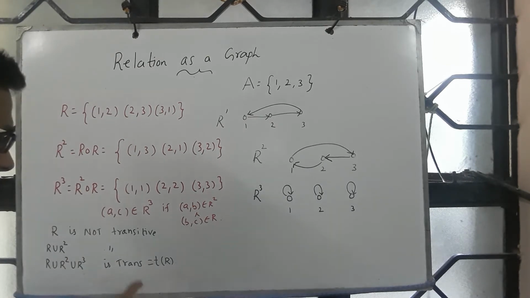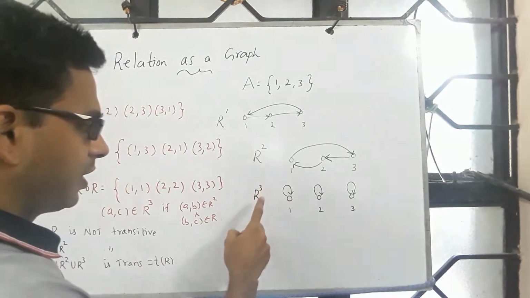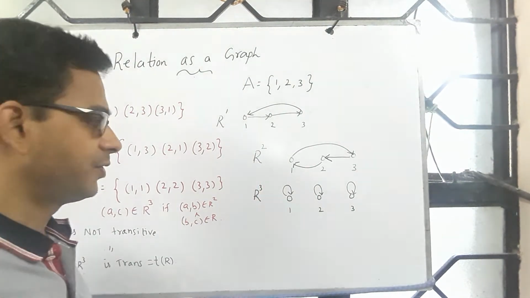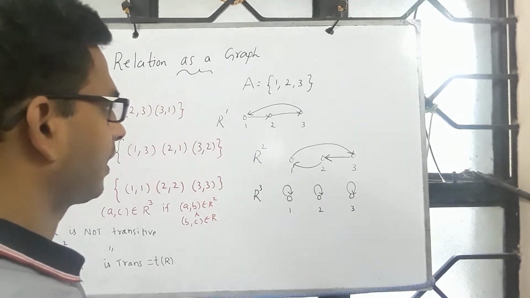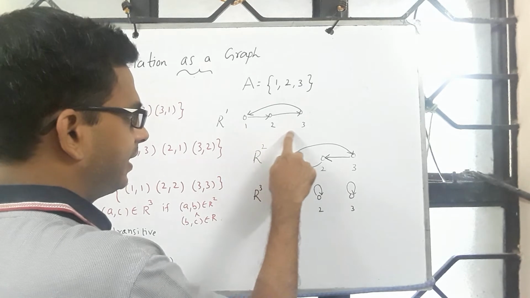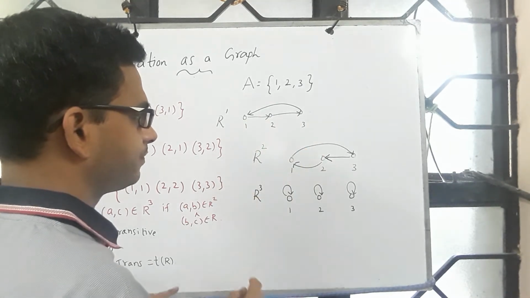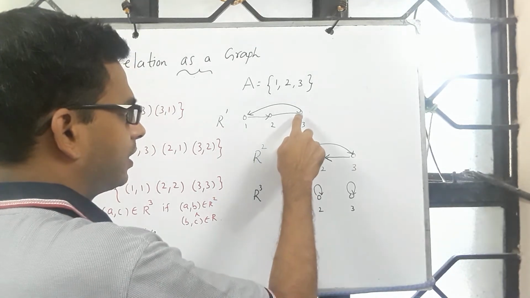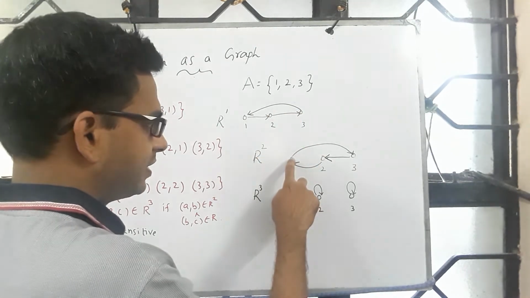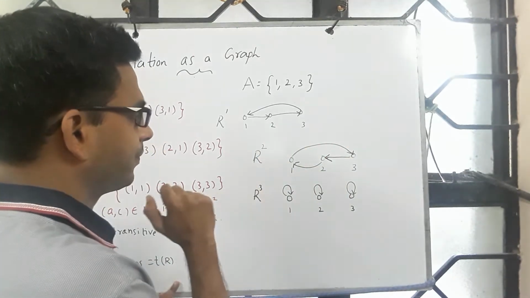What exactly are we doing when we construct R square, or when we construct R cube, in general when we construct R power n? So listen carefully. If you look at the underlying relation, which has got 1, 2, 2, 3, you see that there is an edge from 1 to 3 in R square.